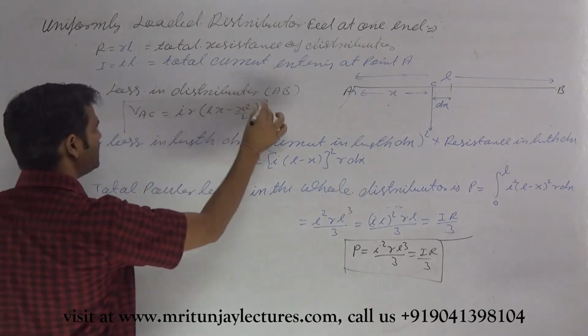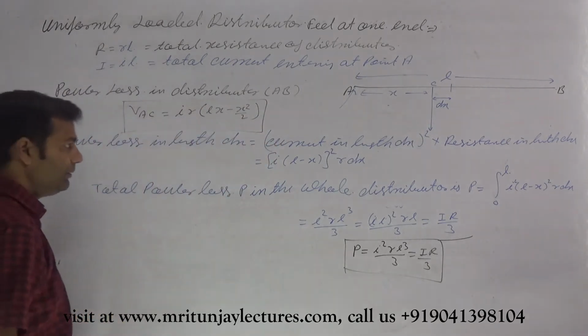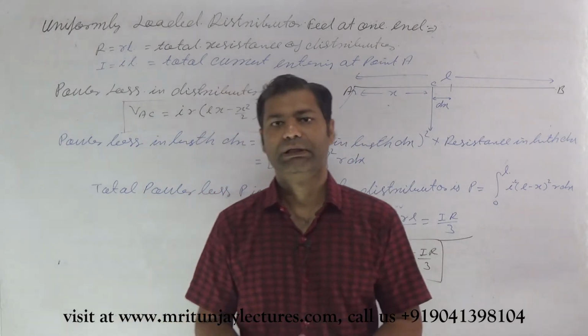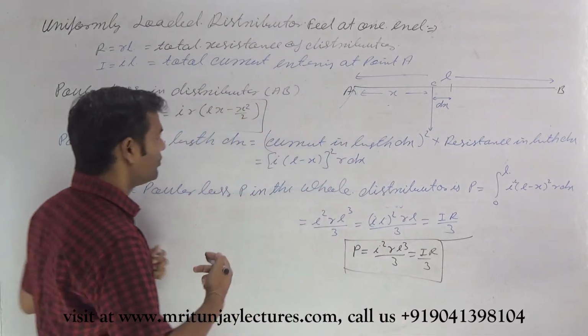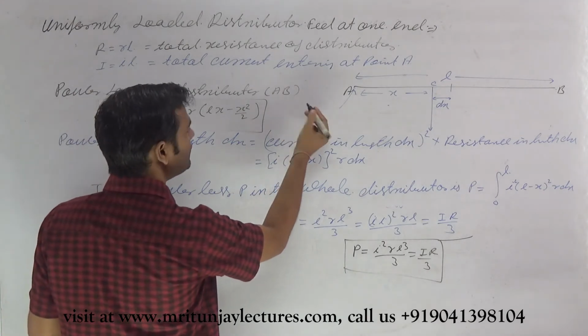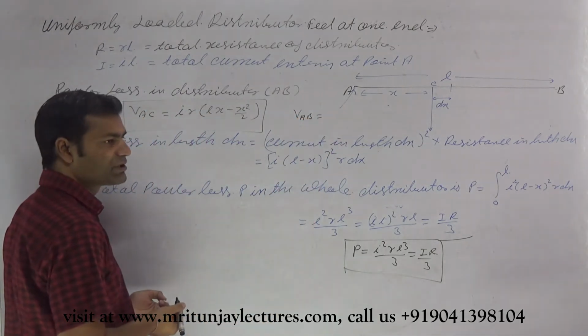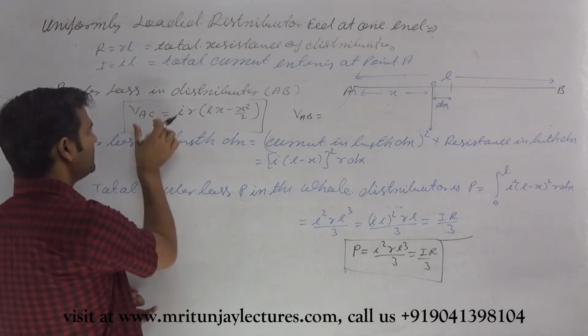Okay, this one is the basic formula corresponding to voltage drop. And total voltage drop corresponding to V of AB, or you can say the maximum voltage drop corresponding to the distributor.